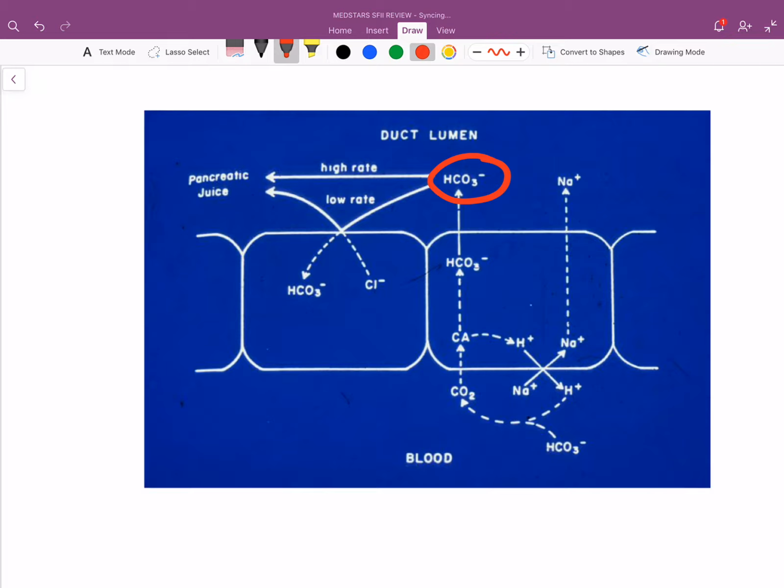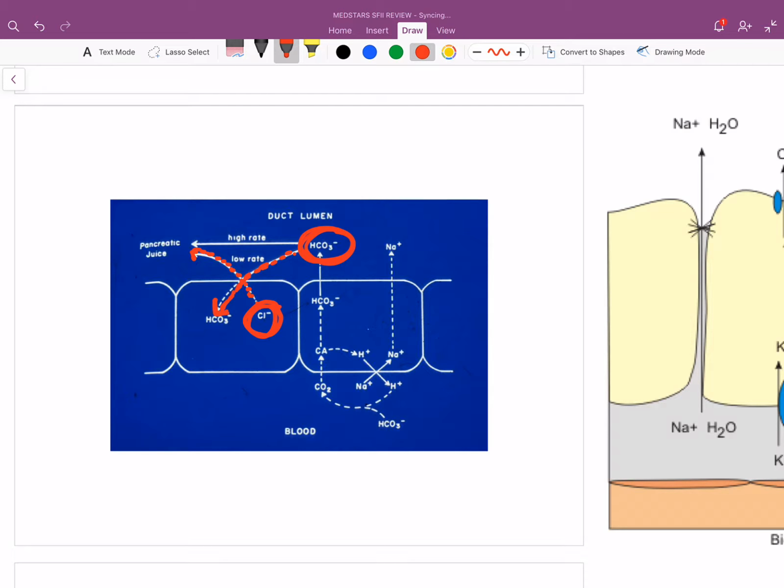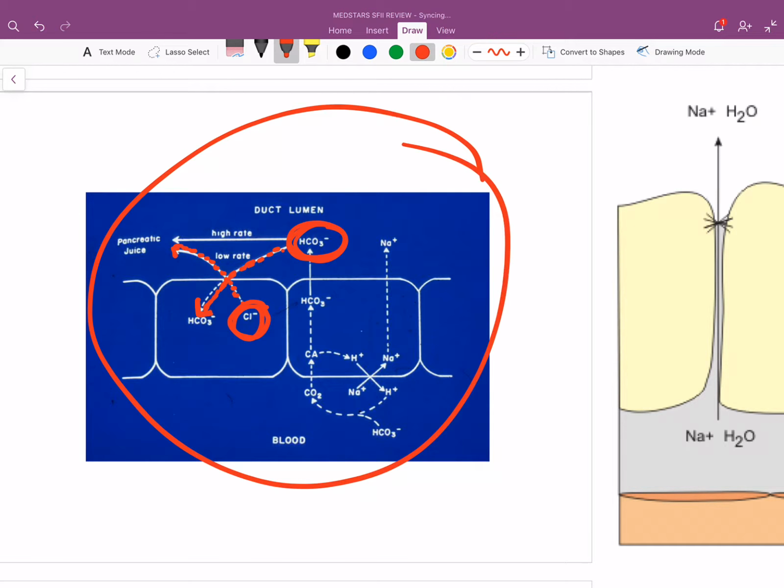Now in the low rate, that bicarb tends to go back into the cell, and chloride gets an opportunity to come out. The reason is you have this negative charge here, so as that negative charge is going into the cell, you have to replace it, and you replace it with chloride ion. This is just a terrible picture of how it works.